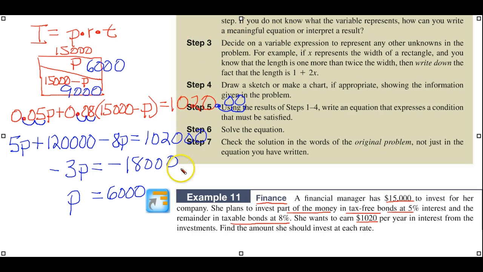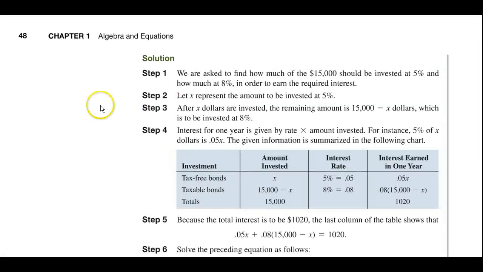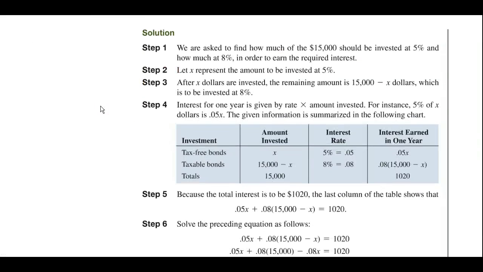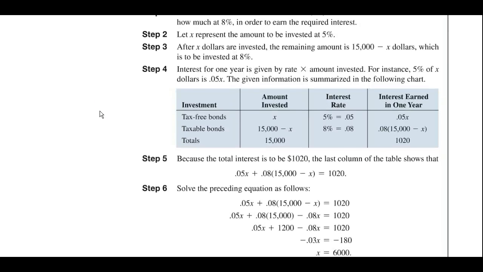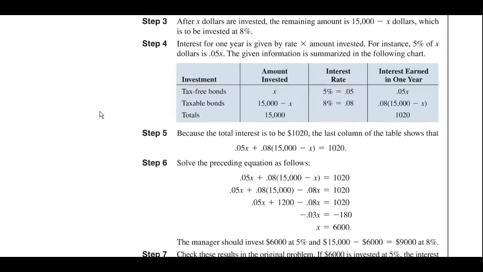And that's how I solved this example using these steps and then carefully writing it out. Now let's look at what the book says. Okay, step 1 we did, step 2, step 3, 4, they made a little chart.